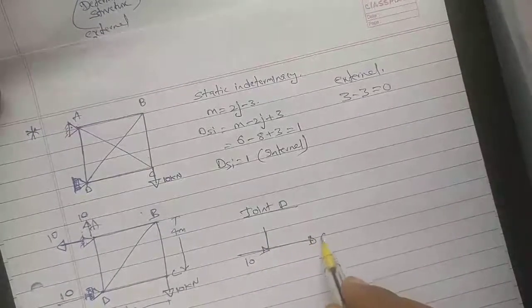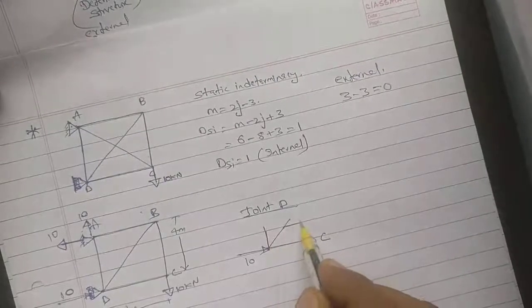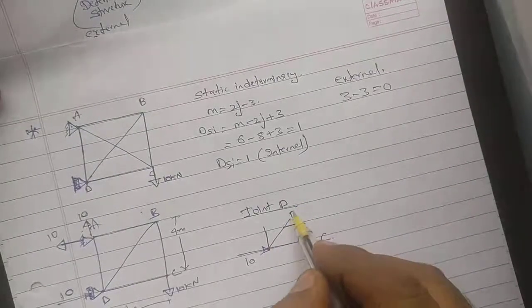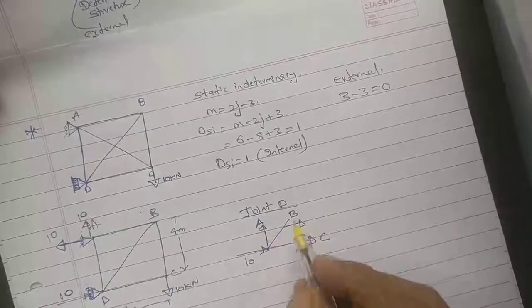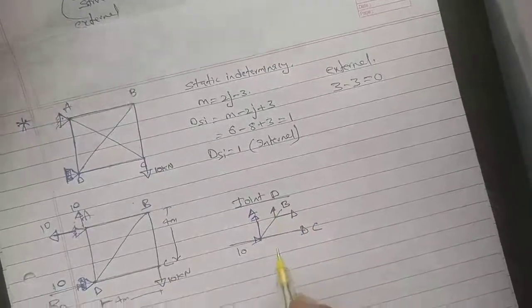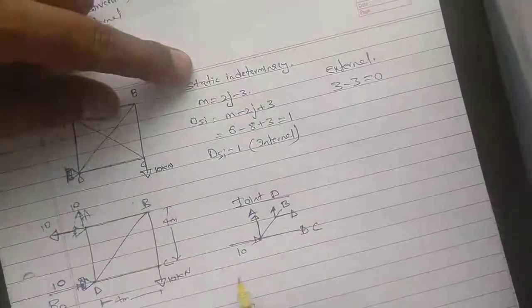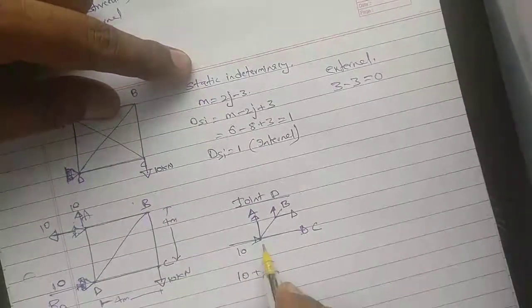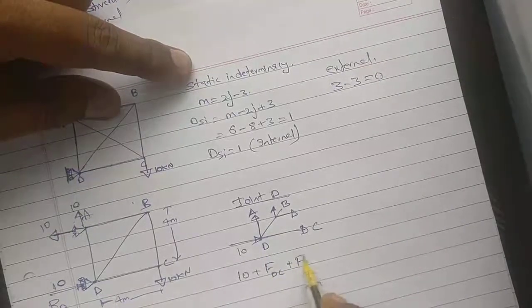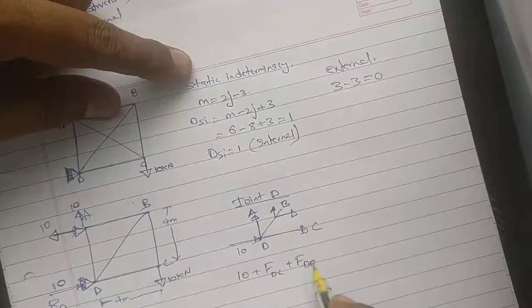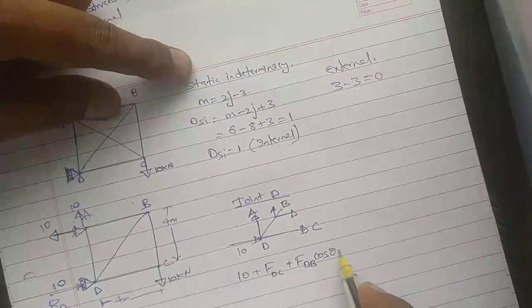This is towards C, B, A. So you have 10 plus FDC plus FDB cos theta.